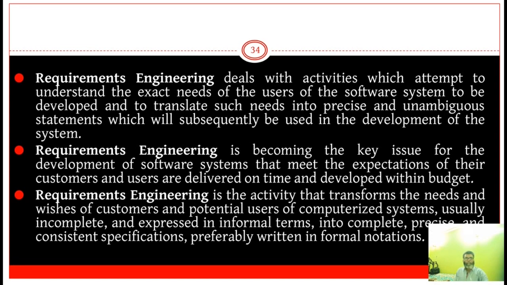It's an activity that transforms the needs and wishes of customers and potential users of computerized systems, usually incomplete and expressed in formal or informal terms, into complete, precise and consistent specifications, preferably written in formal notations.